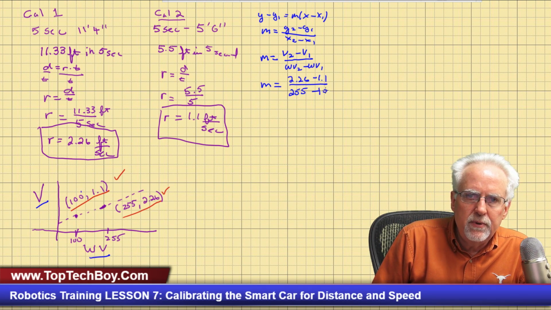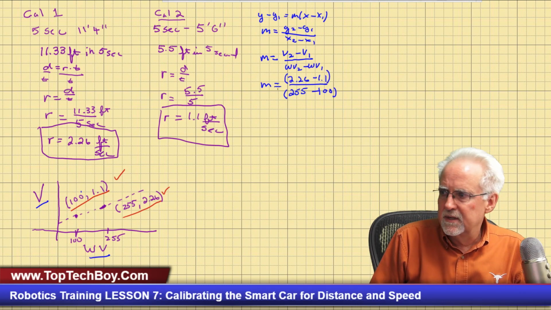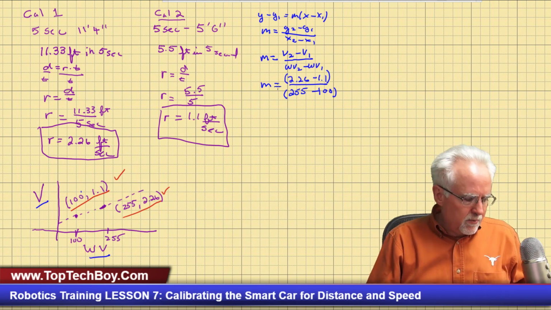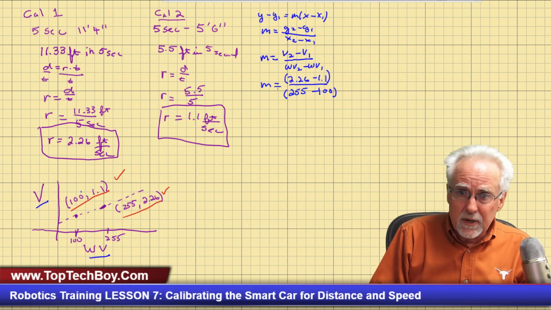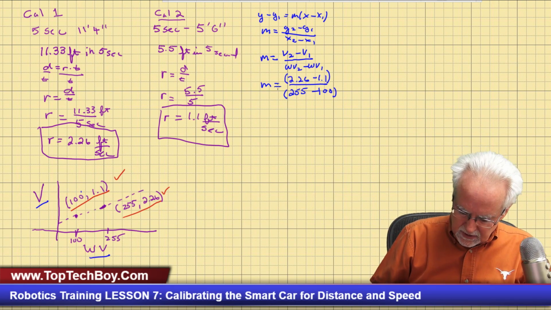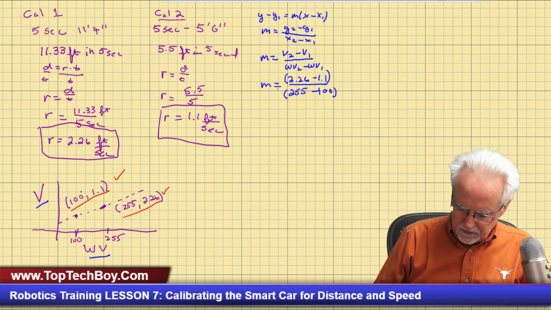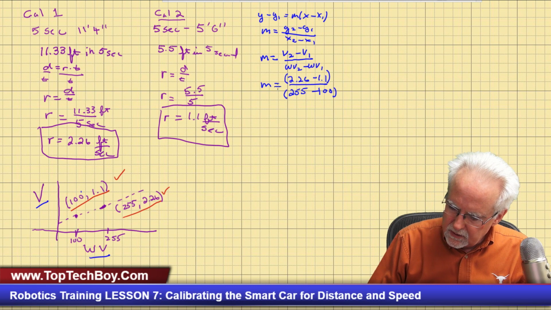Okay, and you guys, when you put this in your calculator, make sure that you use your parentheses. Because if you don't use your parentheses, you're going to get wrong answers. And guys, the big, huge mistakes I see are not using your parentheses and inappropriate use of parentheses. So I'm going to say 2.26 minus 1.1 divided by, and then an open parentheses, 255 minus 100, close parentheses, equal, and I get a slope of 2.25.